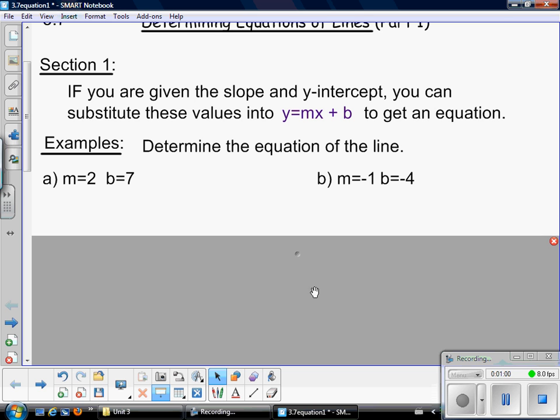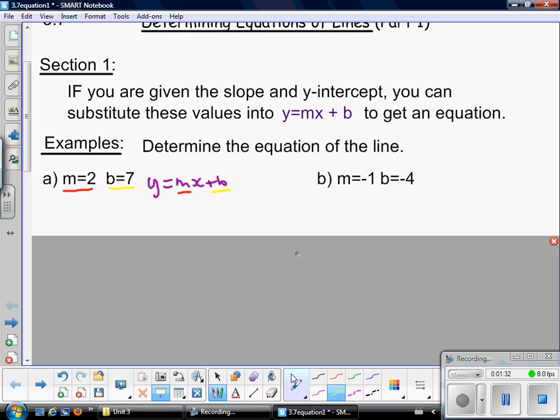Okay, so A, they've told us what our slope is, and they've told us our y-intercept. So we're going to take our y equals mx plus b, that's our starting point, and we're going to substitute our slope in for m and our value for b into b.